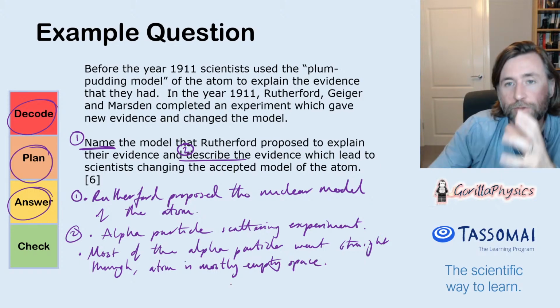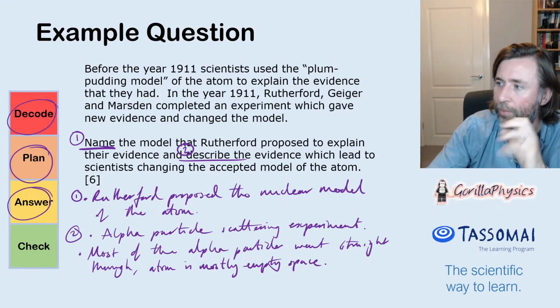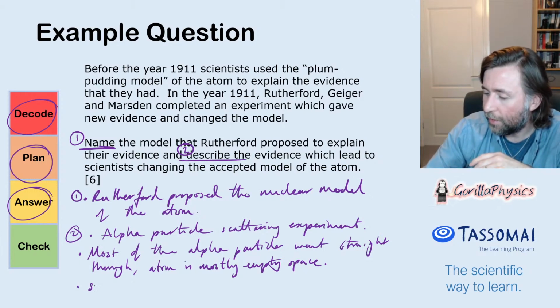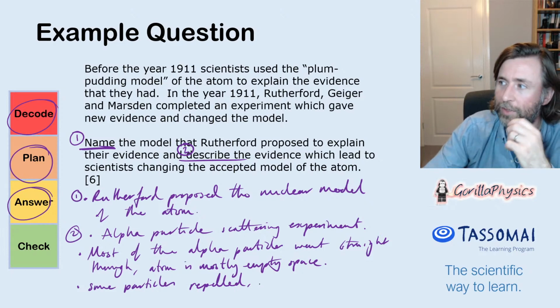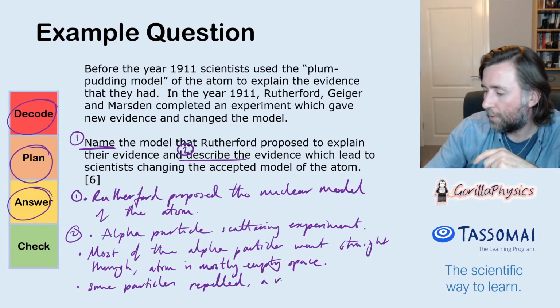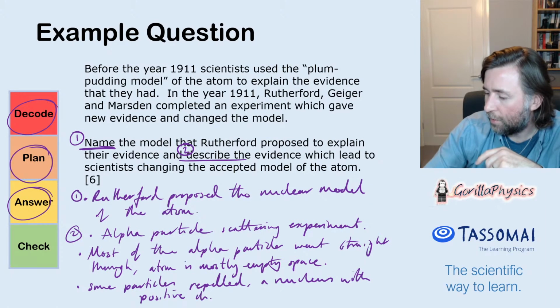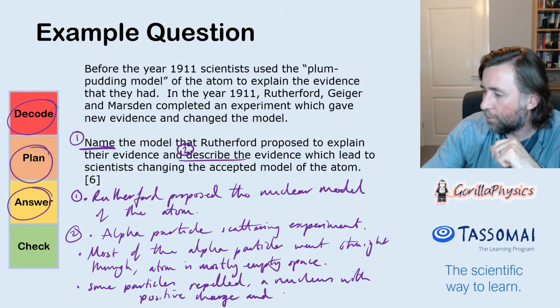Now some alpha particles were repelled and some through large angles as well, but let's just go for some particles repelled, and this leads to there being a nucleus with positive charge and most of the mass.